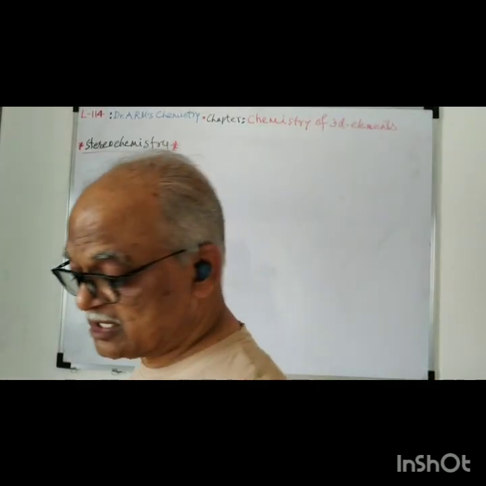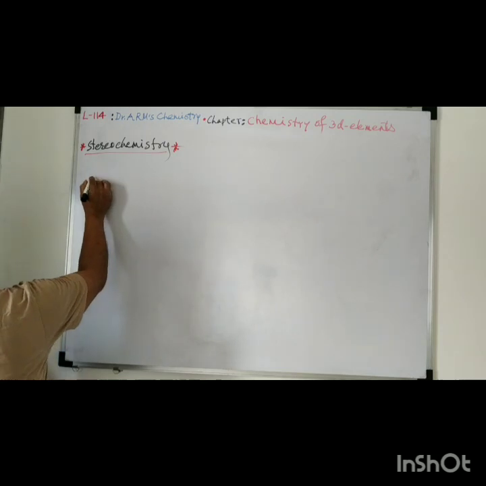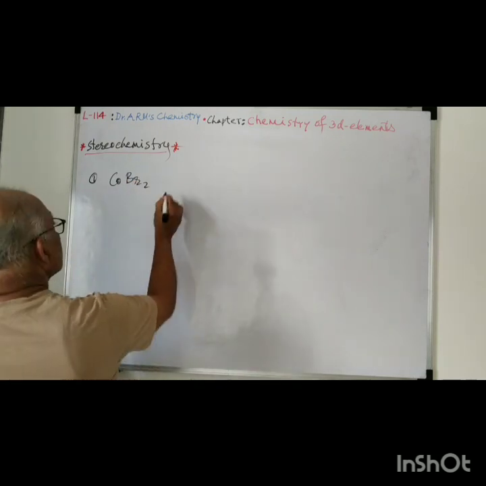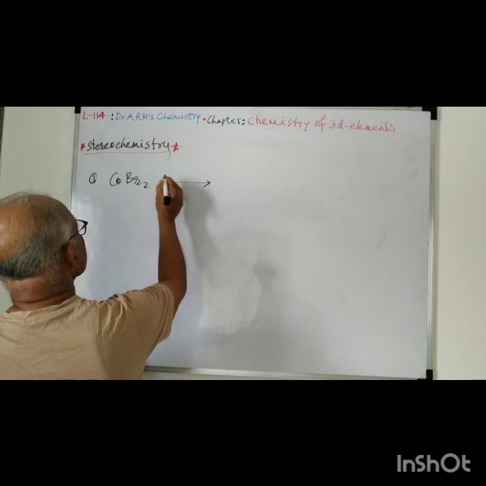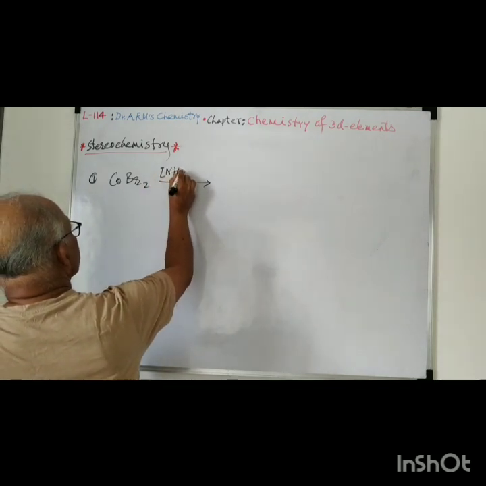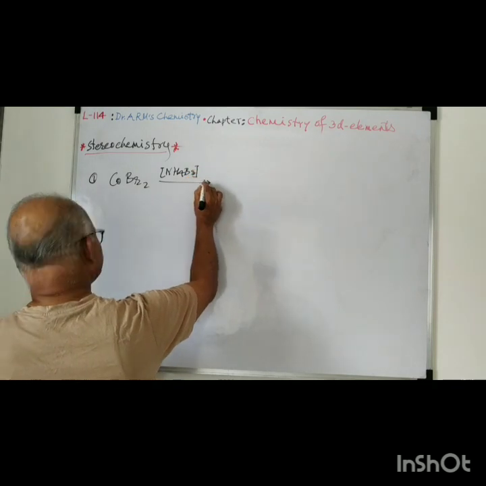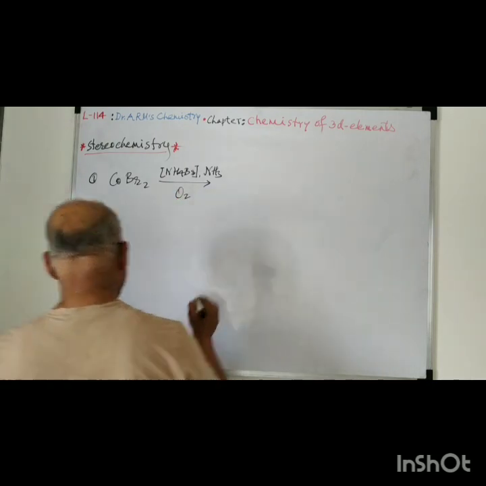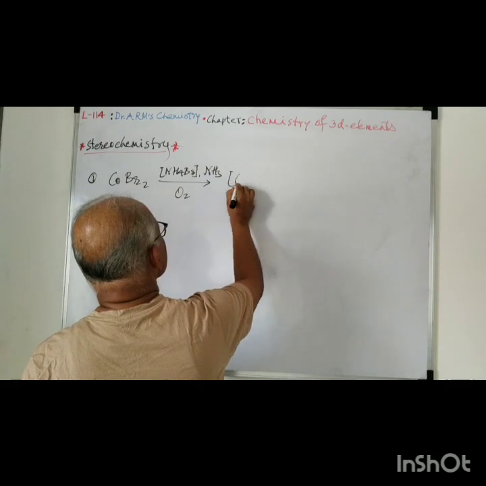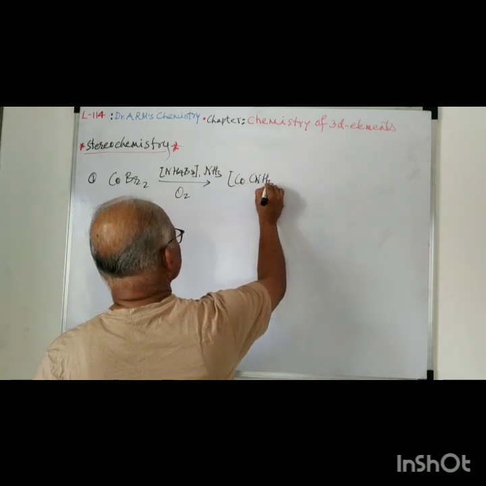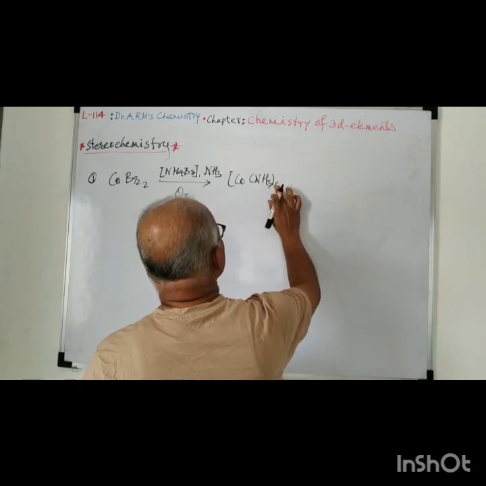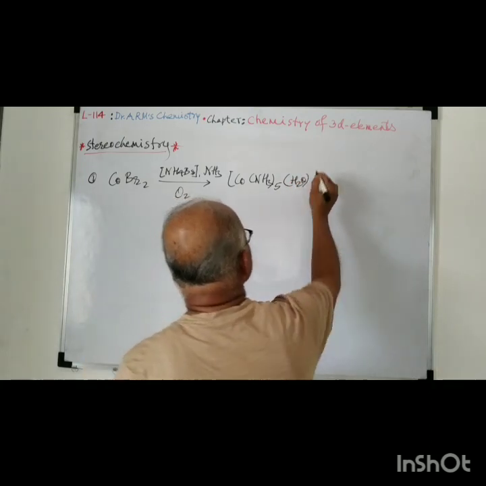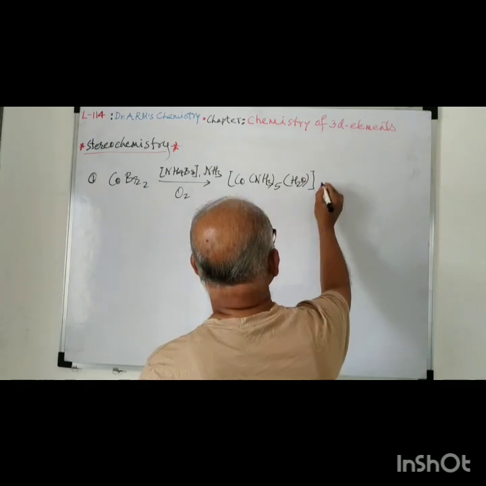For example, you can see the first reaction like this: CoBr2, when treated with ammonium bromide NH4Br and ammonia, with oxygen also, gives the complex [Co(NH3)5(H2O)]Br3.